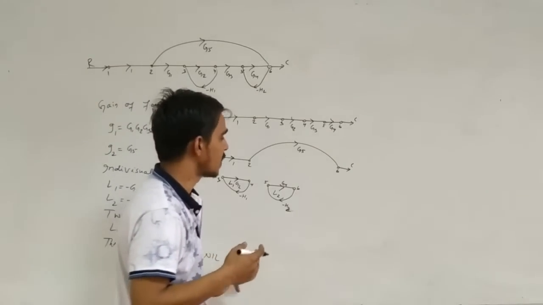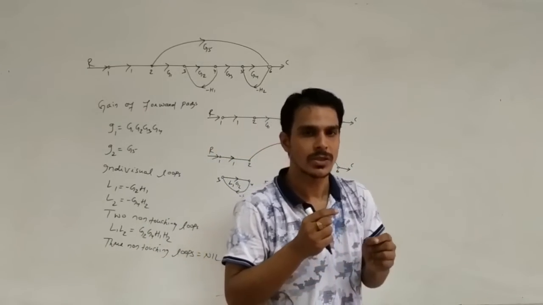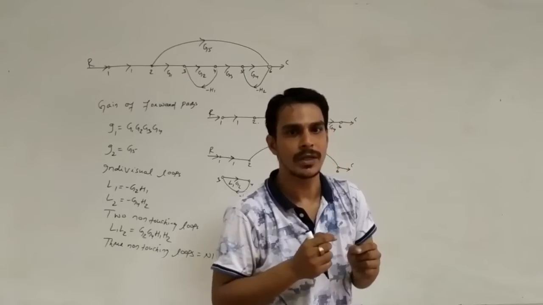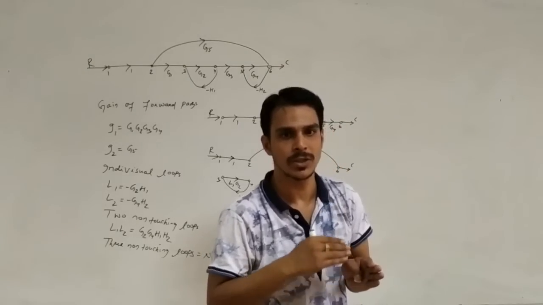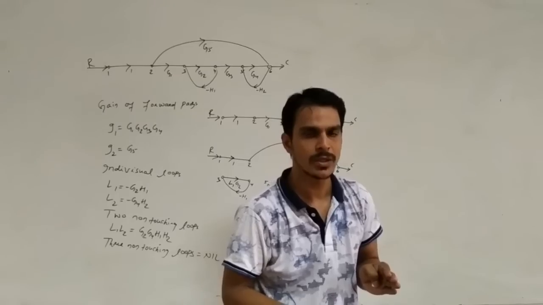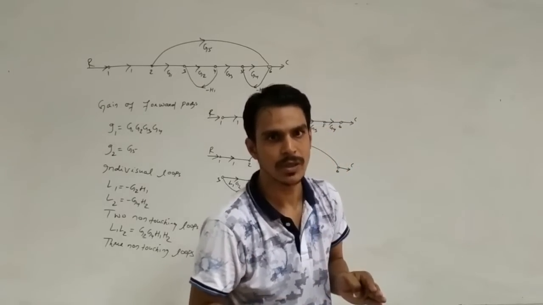Already we have discussed what delta is. Delta equal to 1 minus the sum of all individual loop gains, plus the sum of all possible gain products of two non-touching loops, minus the sum of all possible gain products of three non-touching loops, and so on.